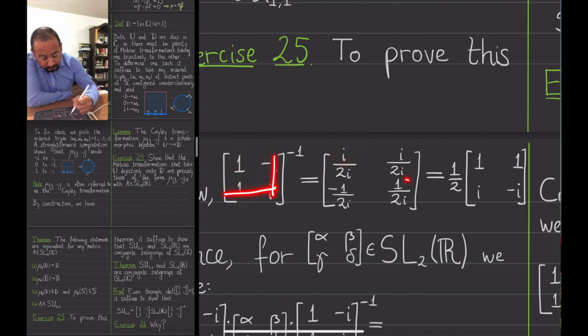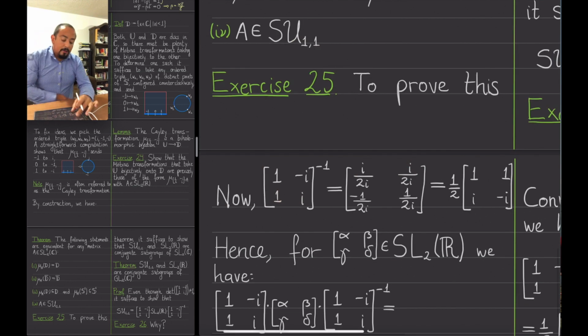Here you have 1, but you transpose, and with a minus sign, because by definition of the cofactor, you have minus 1. So this minus 1 is minus this guy. And similarly, here you obtain minus i, but with a minus sign it is i, and then transposing, you put it here.